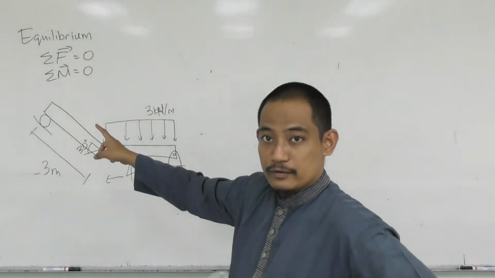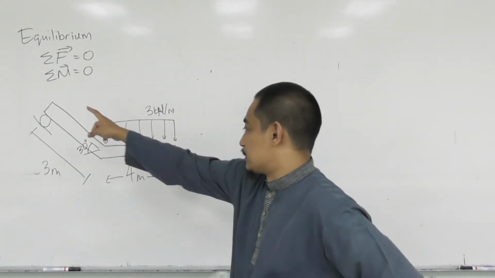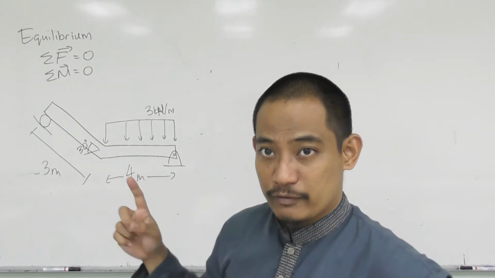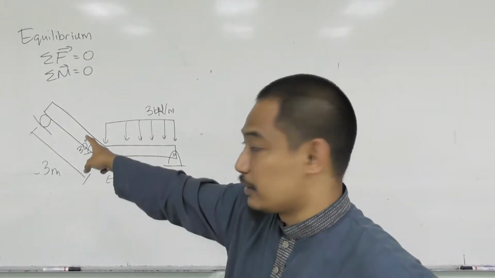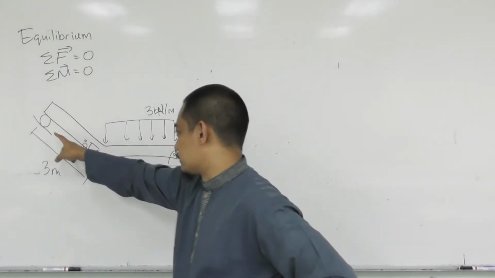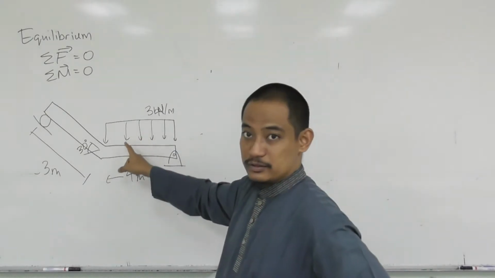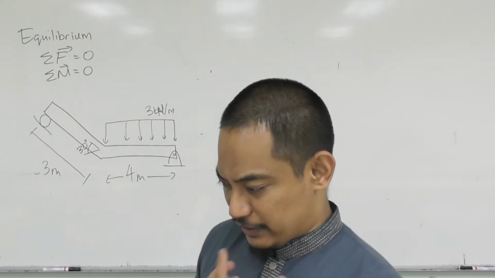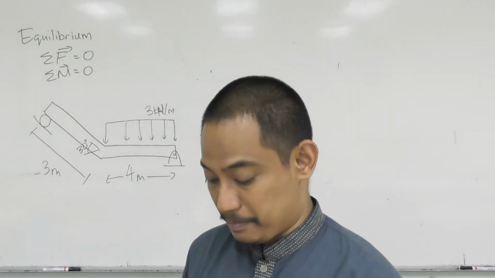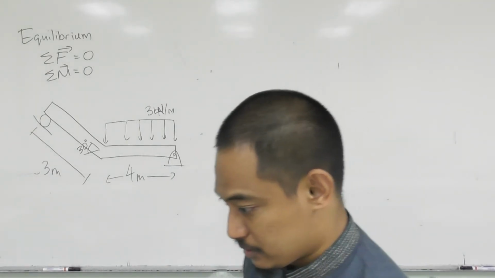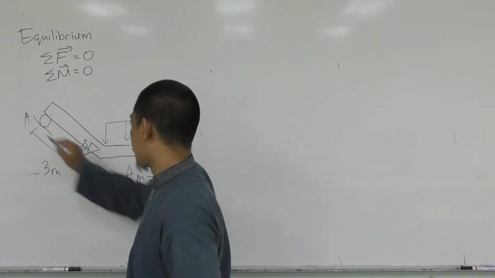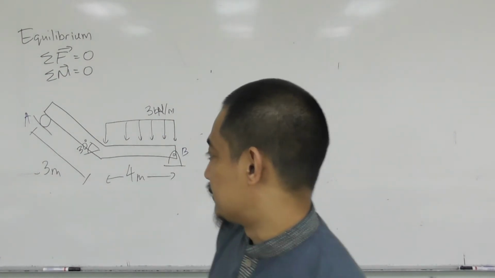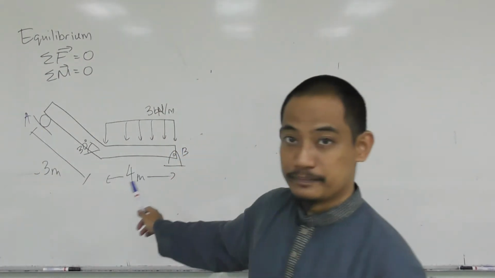So we have basically the beam here, and then you have the support of a roller over there. Over here, this is roller, this is pin support, and then this is distributed loading. So the question says, find the reaction at point A and B. So where is point A and B? So this is A and B. So basically you have to find what is the support reaction here and here, right?